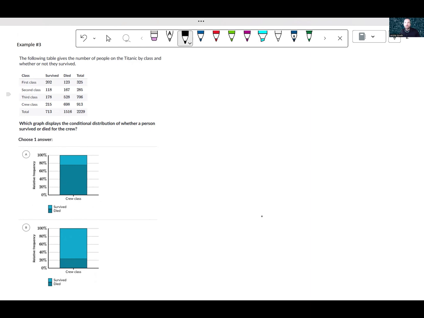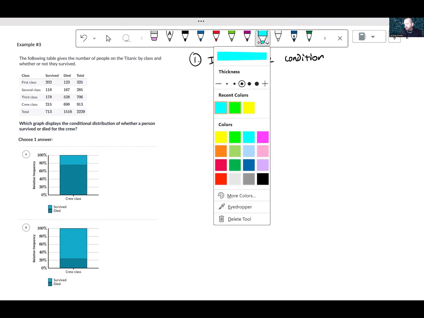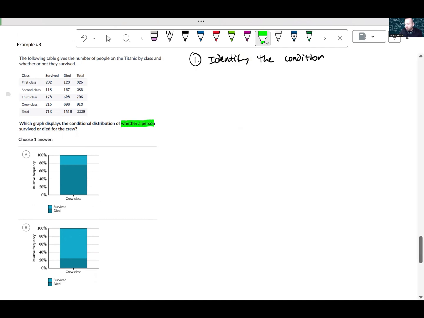So these are conditional distributions. Our first step is we want to figure out what the condition is, so we're going to identify the condition. It says which graph displays the conditional distribution of whether a person survived or died for the crew.